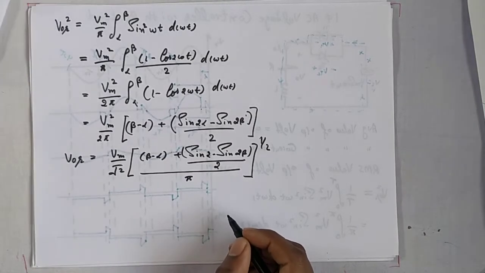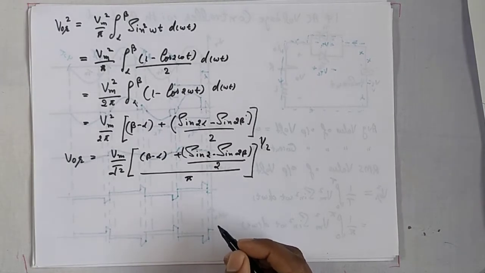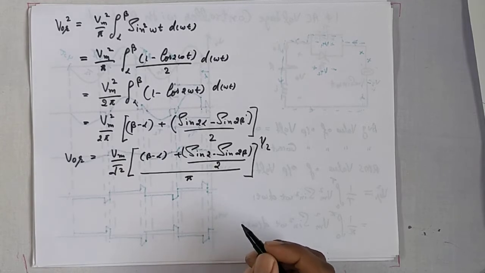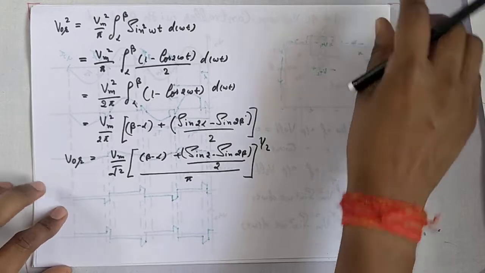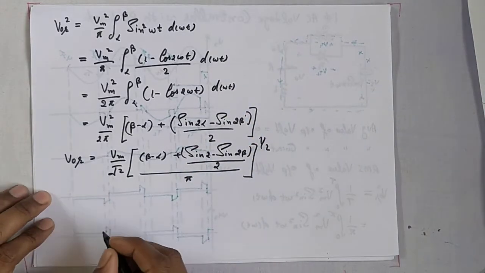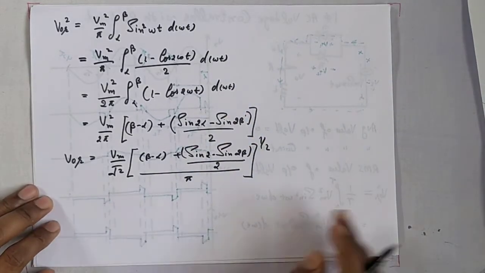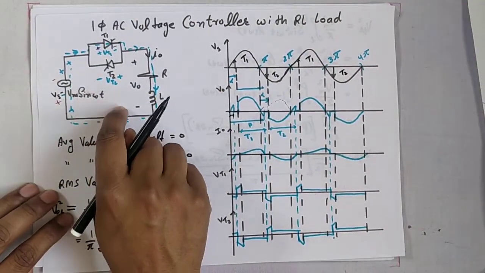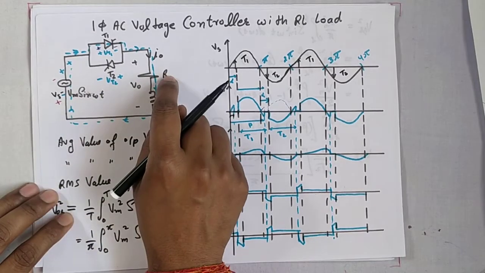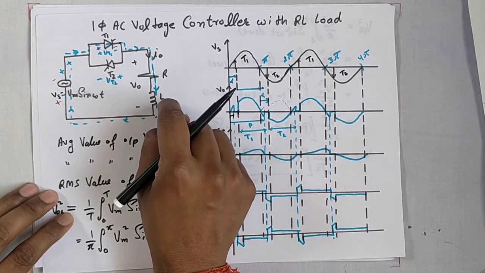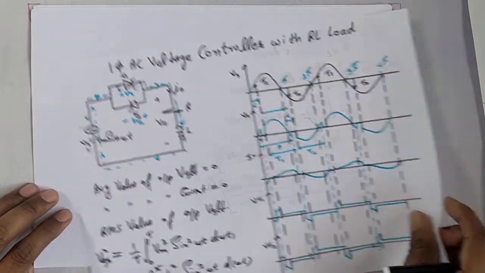Now let's find the output current. From the circuit diagram, we can write that Vs equals R into I naught plus VL.